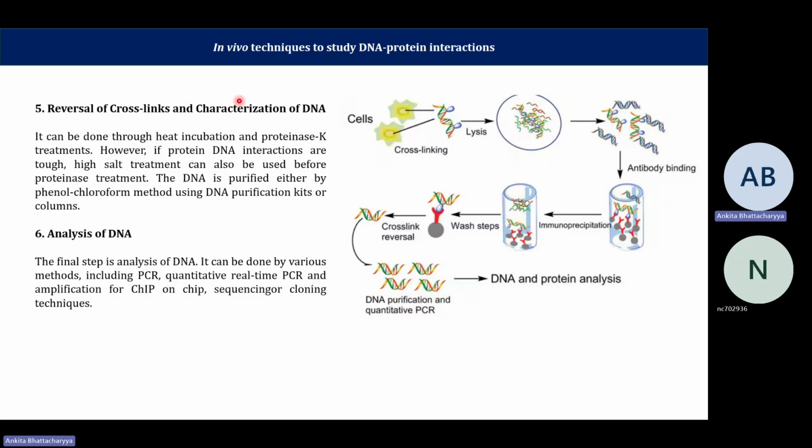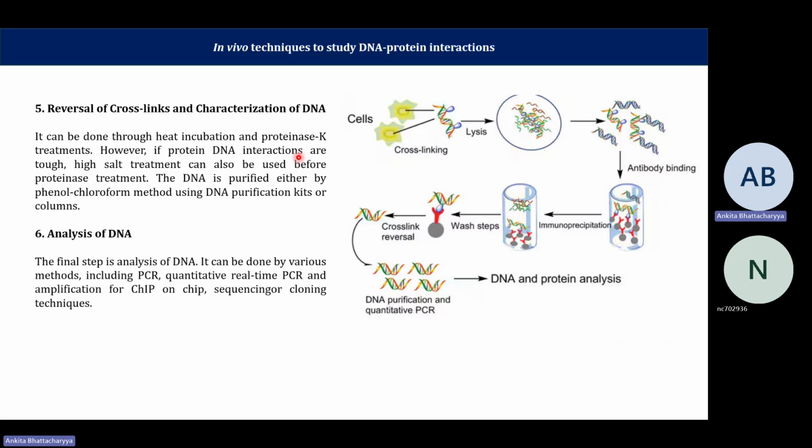So heat incubation, proteinase digestion, etc. needs to be performed. RNA digestion also should be performed for it, eliminating any non-specific results from that point. And then high salt, low salt purification needs to be done so as to salt out the DNA from solution. And sometimes also glycogen is added to enrich for DNA precipitation from the sample.